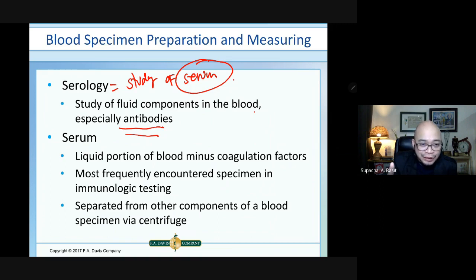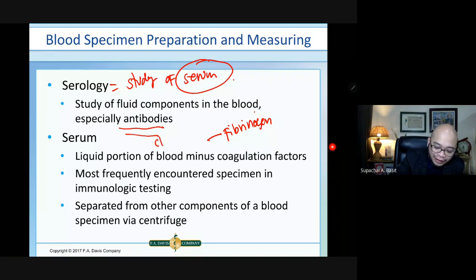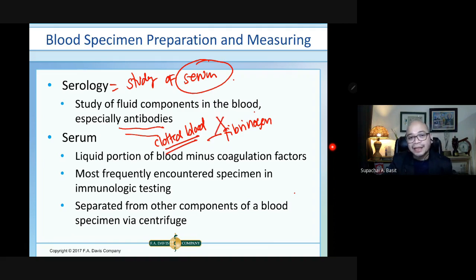And when we say serum, it is the liquid portion of blood minus the coagulation factors, minus fibrinogen. So it is the liquid portion of clotted blood, because during the process of clotting, we remove fibrinogen.